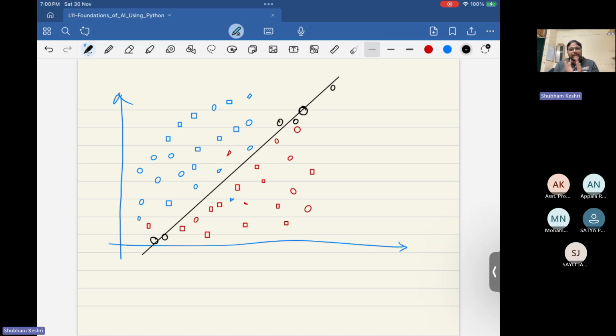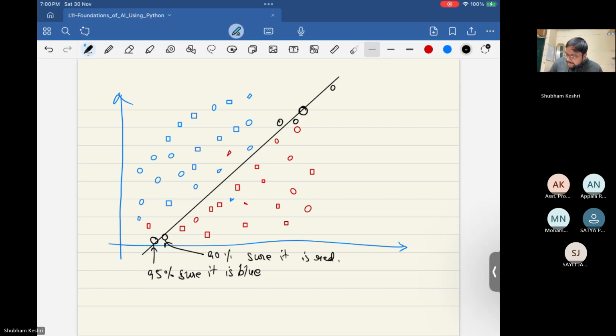So this strict classification, that it will be only blue or only red and nothing in between, is one issue we have. Maybe we can say, okay, for this point I am 95% sure it is blue, and for this point I am 90% sure it is red, then it's better, right?